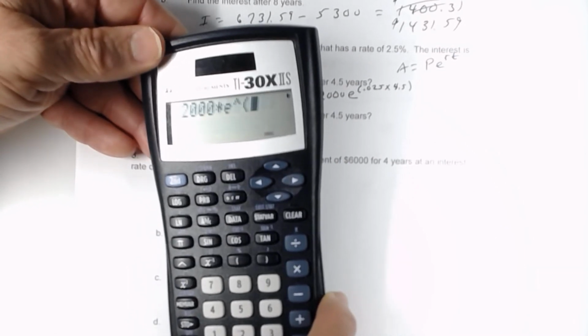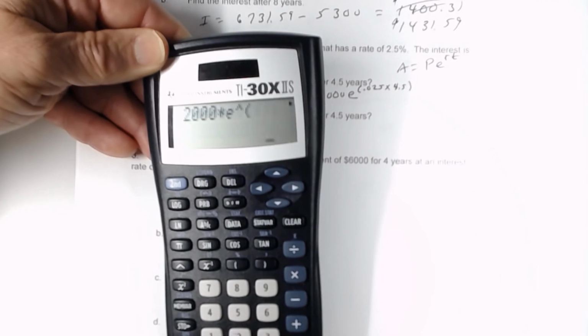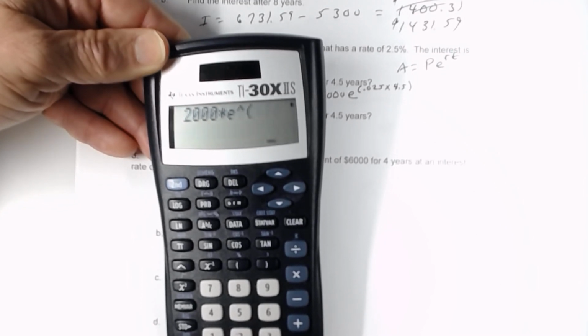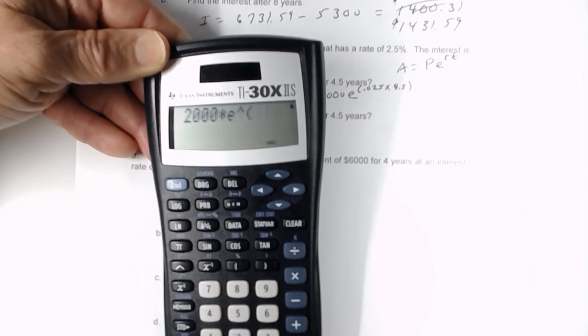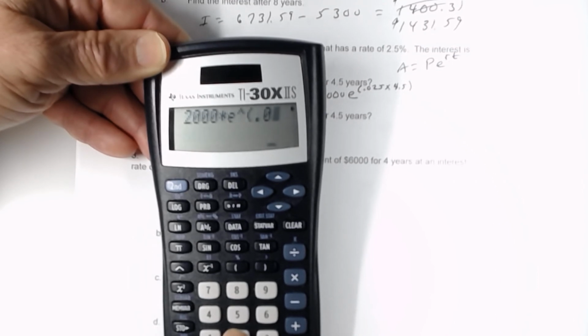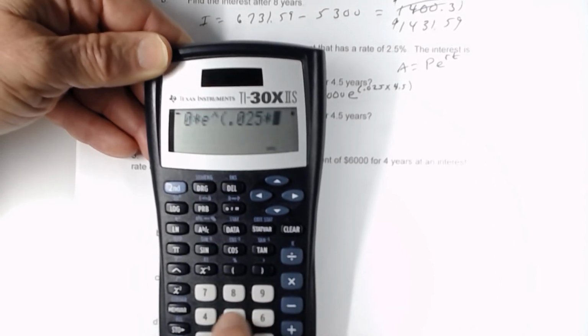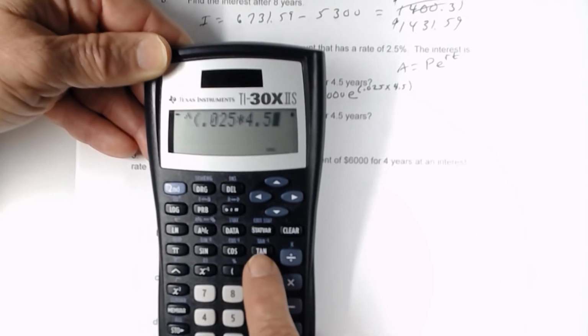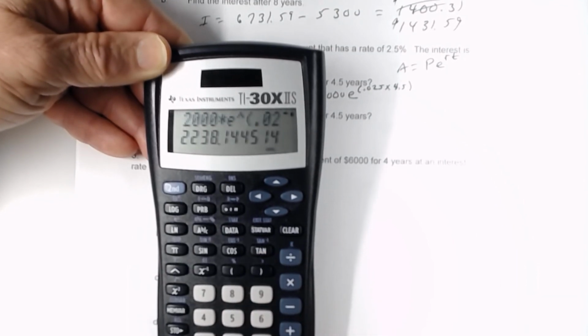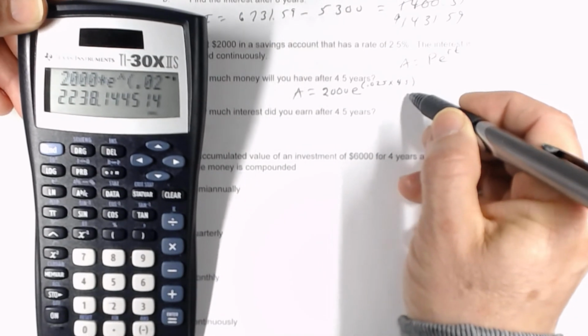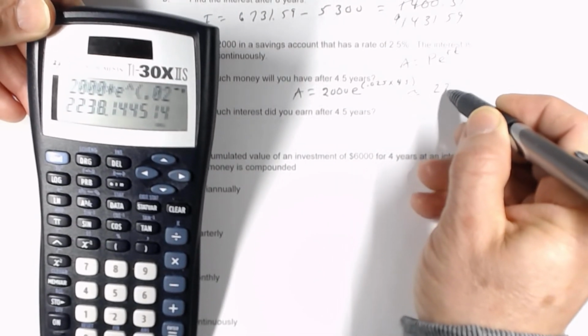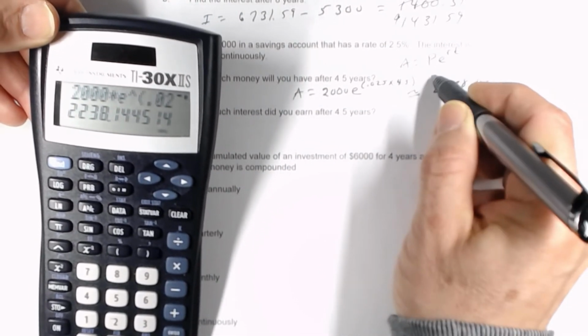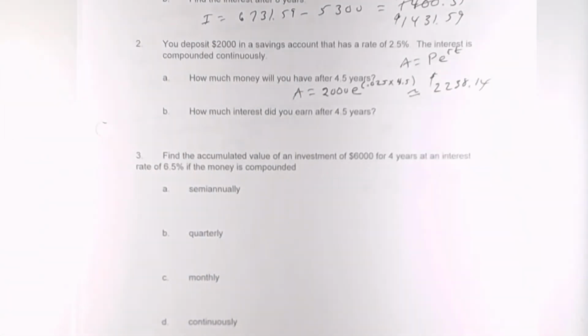What's the next thing I should type in? 0.025 times 4.5, and then close the parentheses, press equal. This is what you should end up with: $2,238.14. So make sure that's what you got. If you're using your own calculator that's different from what I have, make sure that's what you got.